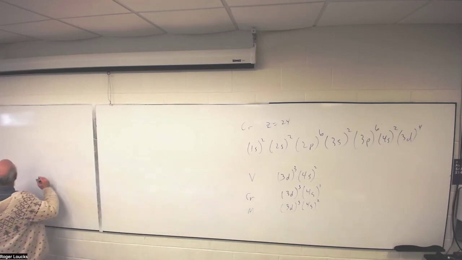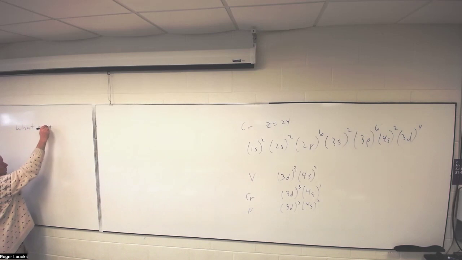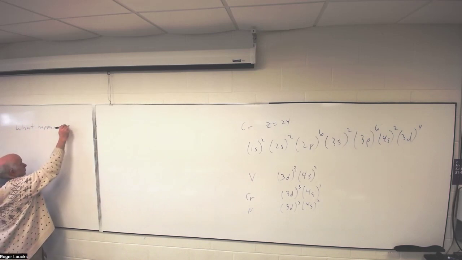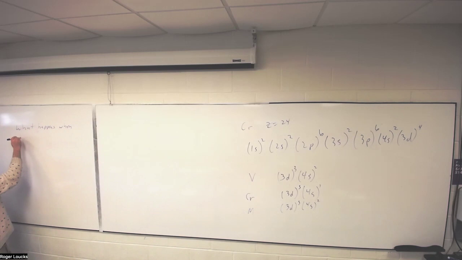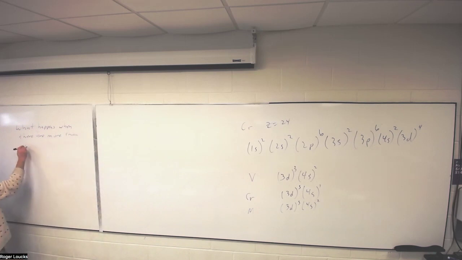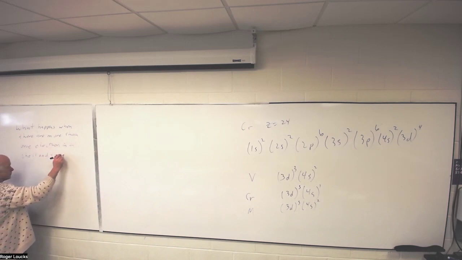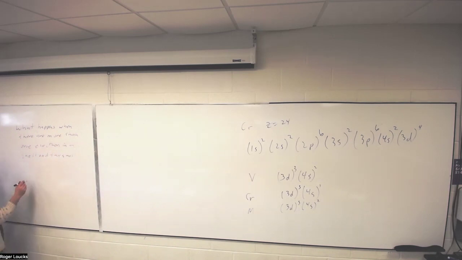Let's ask, what happens when there is more than one electron in a shell? Now explain what I mean by this.